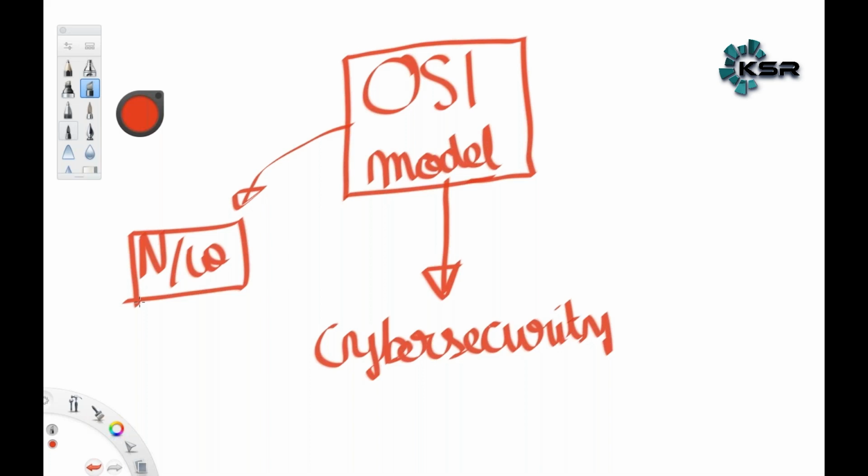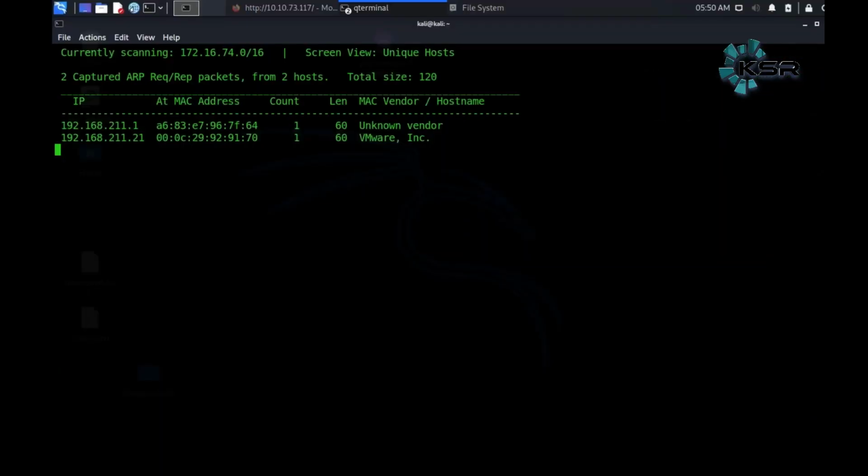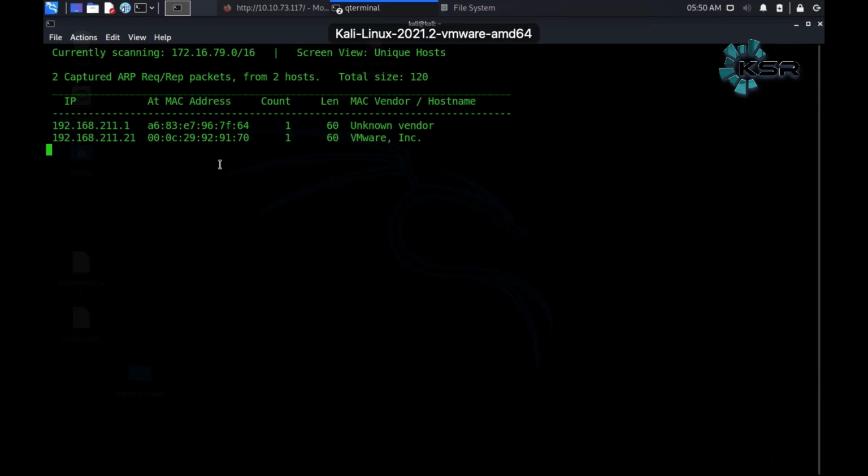So that is why I'll teach all the relevant networking stuff to you guys, which you can understand and apply to different cybersecurity frameworks. So while we were talking about this, let's see what showed up on our scan. What is this scan trying to do?